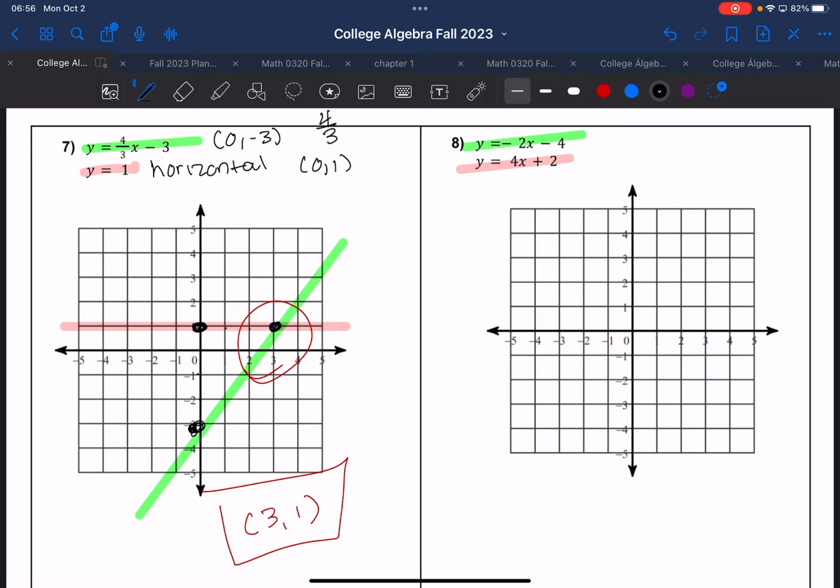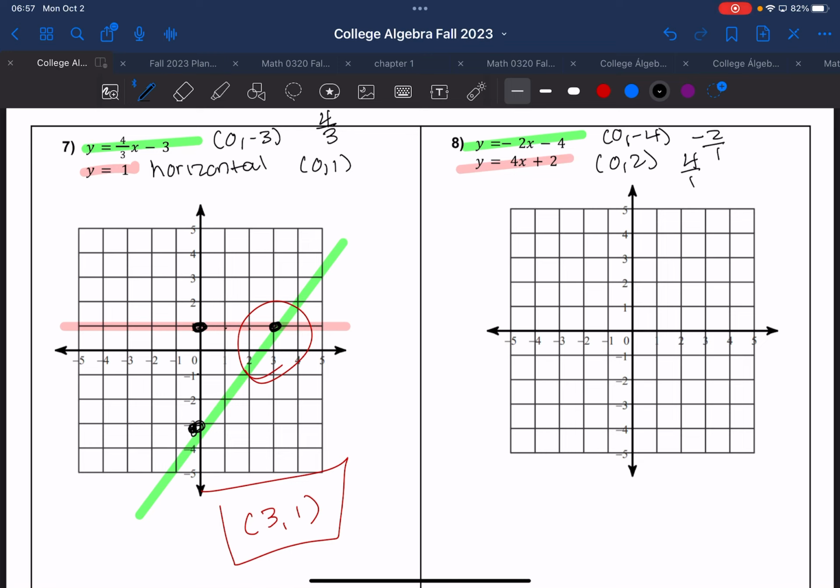So again, we know that the y-intercept for the first equation is what number? 0, -4, and our slope is -2/1. And then our y-intercept for the second one, 0, 2, and our slope, 4/1.